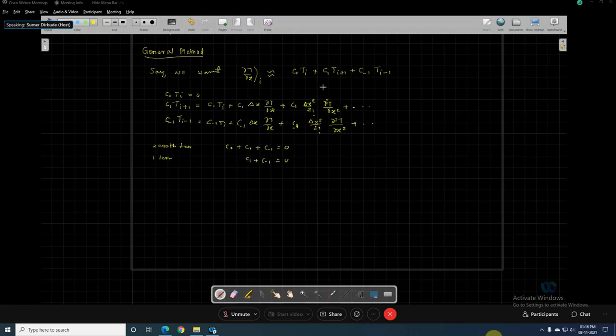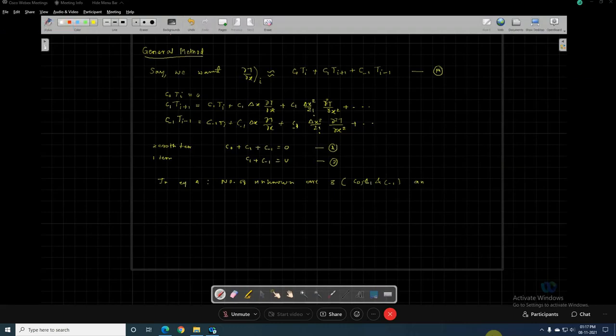Okay. Now if you see this equation, equation A, how many unknowns are there? Okay. So in equation A, the number of unknowns are 3. Okay. That is nothing but C naught, C1 and C minus 1. And we have two equations now, equation 1 and 2.